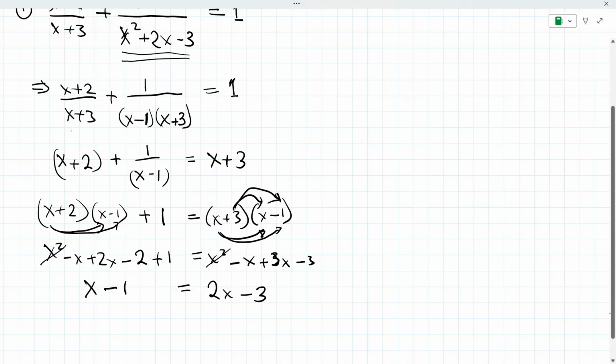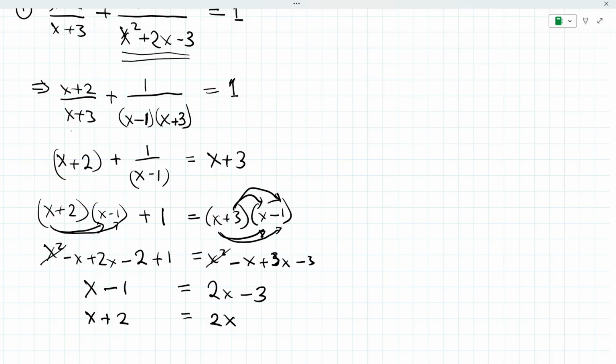So what we need to do here is to isolate x. And we first do that by adding 3 on both sides so that we get rid of this 3 here. So when you add 3, we are left here with x plus 2, and this is equal to 2x, right?